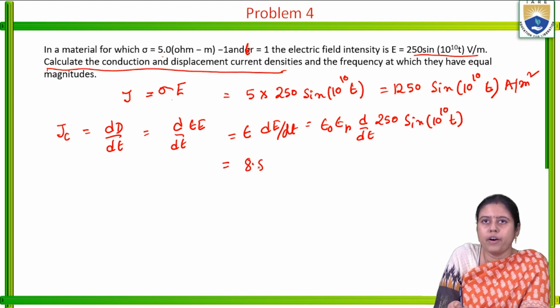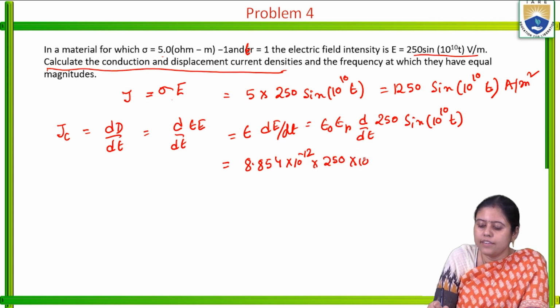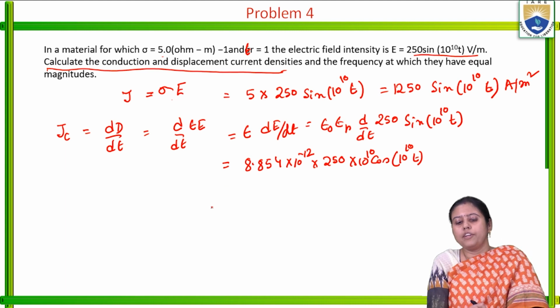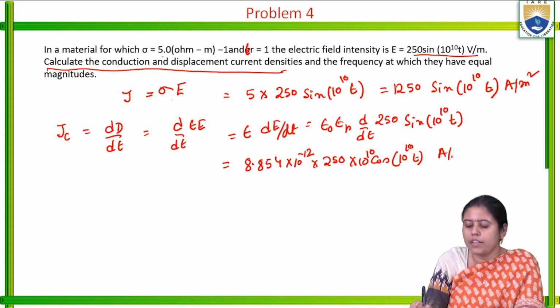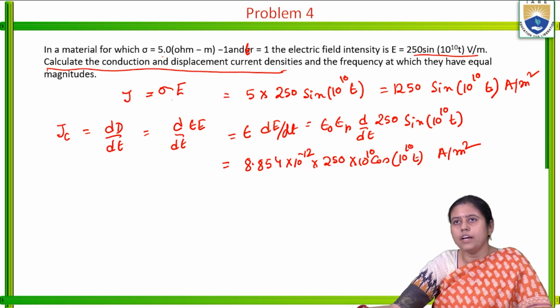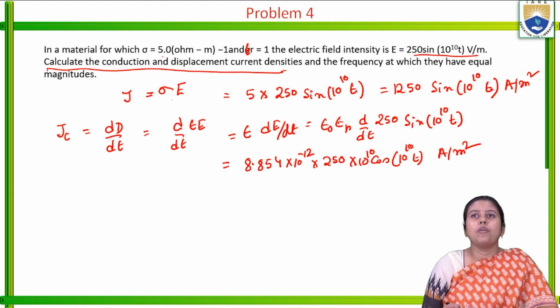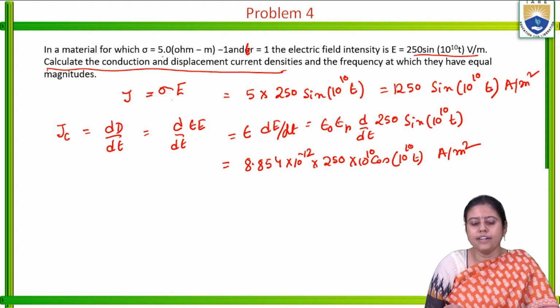Epsilon 0 is 8.854 into 10 to the power minus 12. The 250 is also constant, so it gives omega cos 10 to the power 10 t. If we solve this equation, we will get the value of the displacement current density, and this is the conduction current density before.